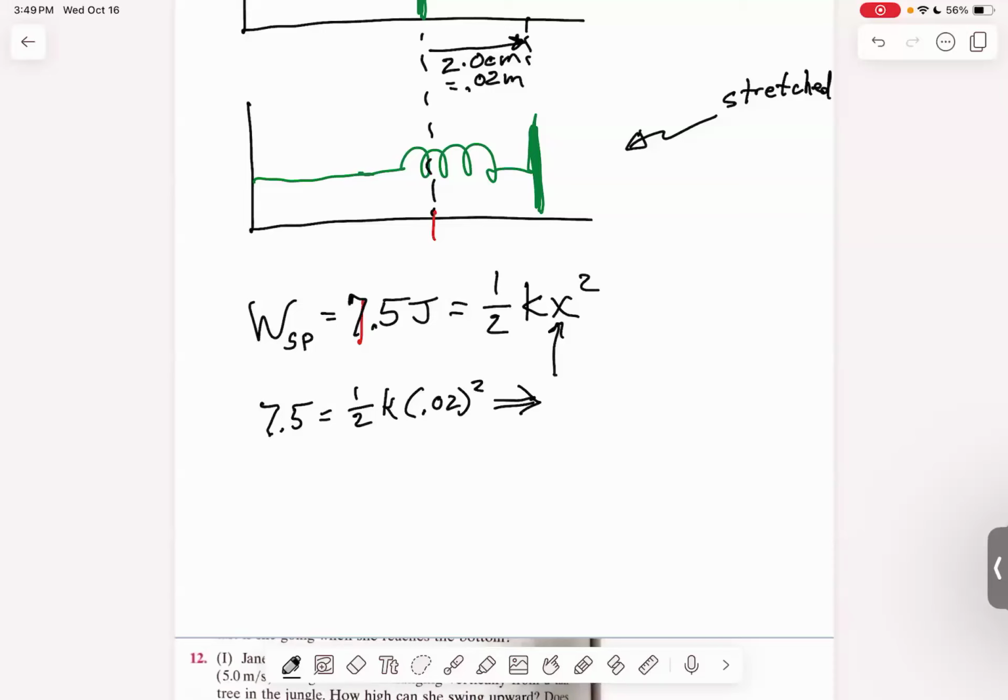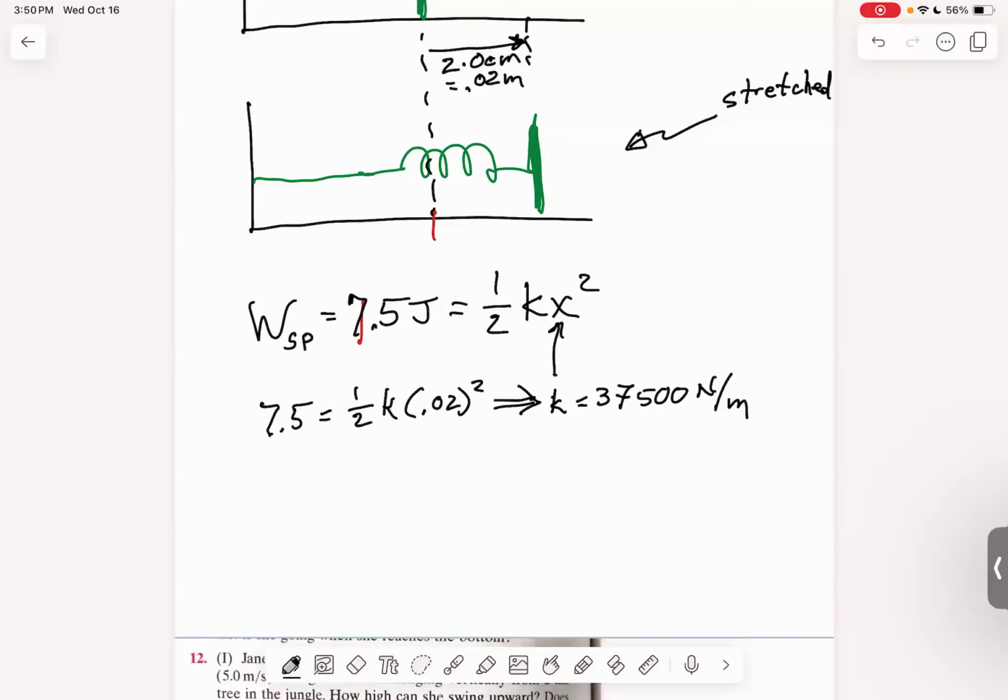And when we solve this, we should get that K is equal to 37,500 newtons per meter. So in other words, it takes that much force every time you move it a single meter. That's sort of the spring number to let you know how thick or how strong a spring is.